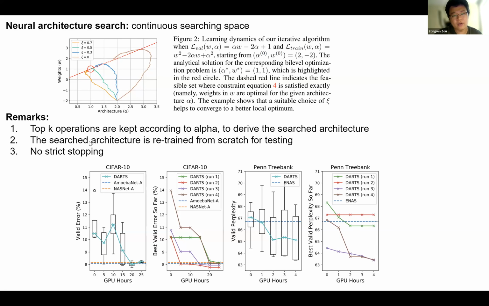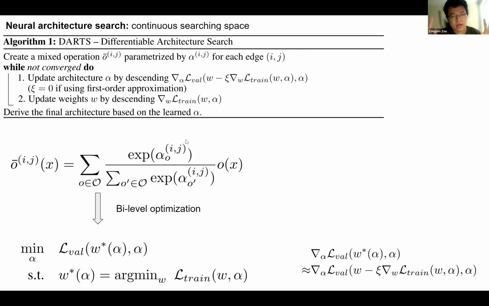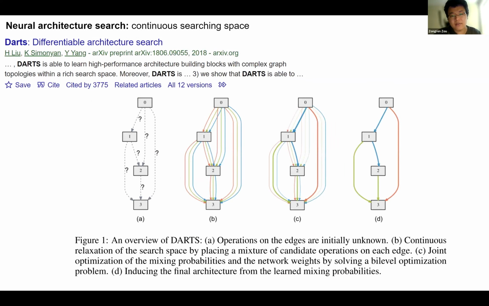And the second remark is that the searched architecture is retrained from scratch for testing. I think this is often overlooked by a lot of people: this neural architecture search process results in alpha, different values of alpha, and also the weights and biases.